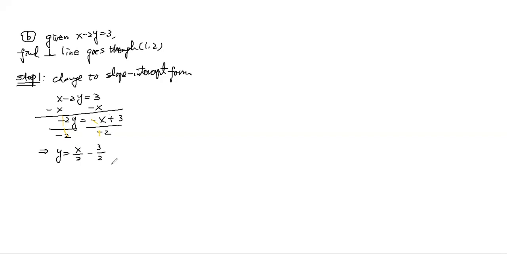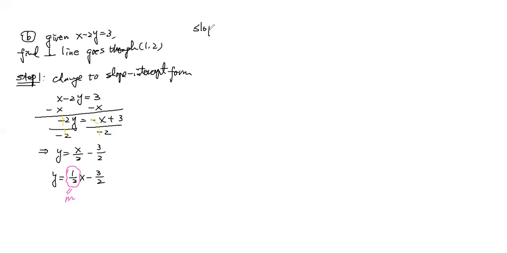So you can rewrite this as 1/2 x minus 3/2. Where is your slope here? The slope is 1/2. Now for the perpendicular line slope, let's set it here.